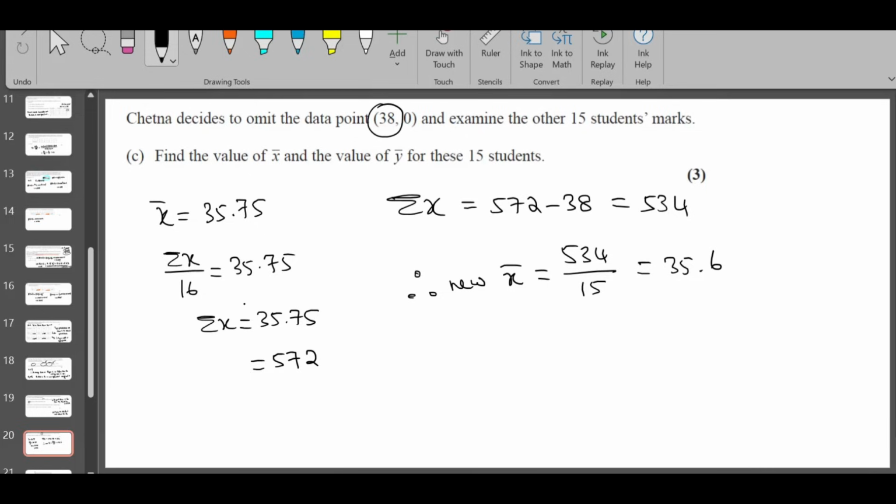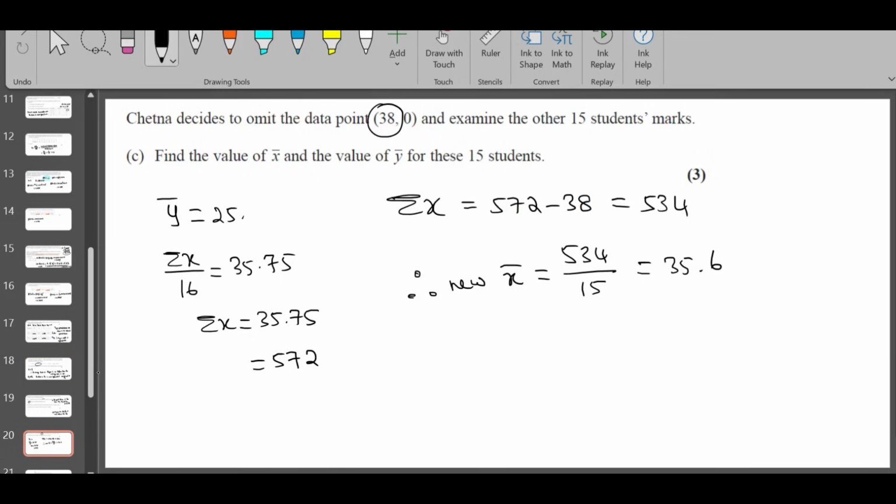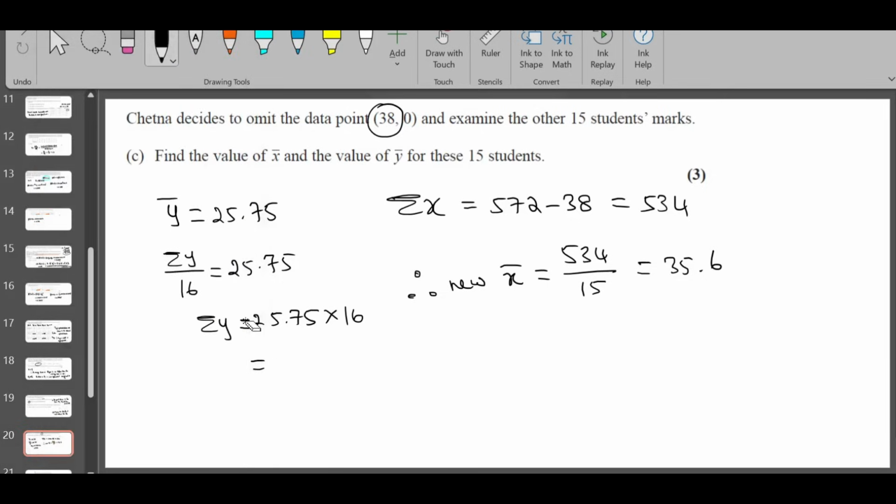The same way we can find y bar also. Previously the y bar was 25.75. That was sigma y over 16, so sigma y is 25.75 times 16, which is 412.